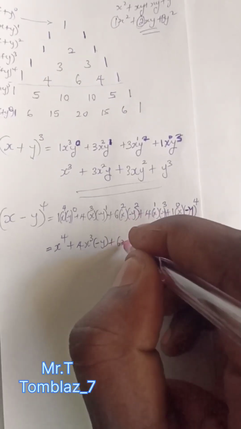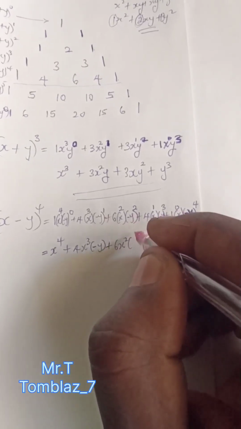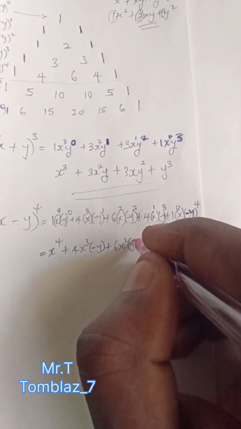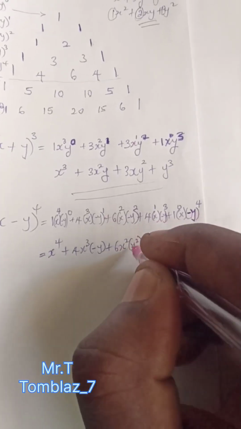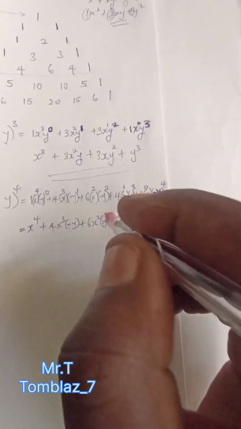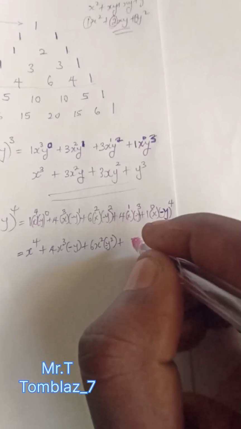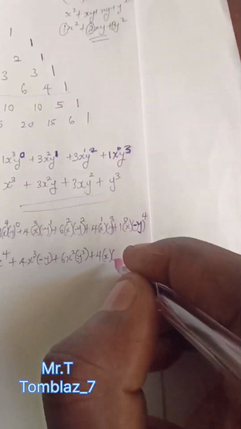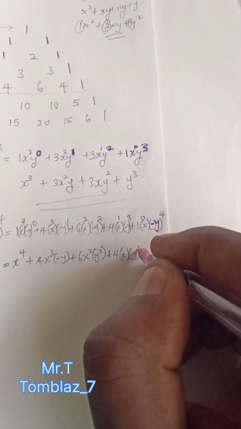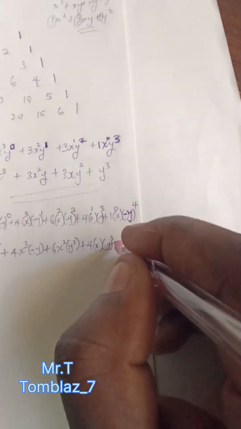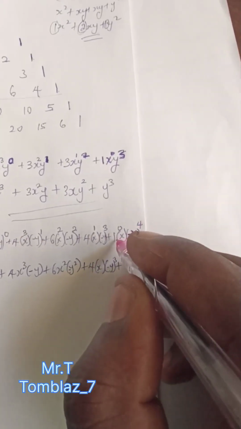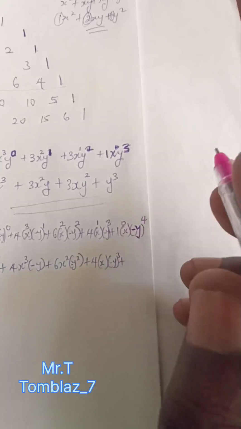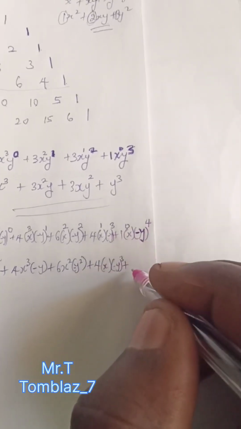Plus 6 x squared into y raised to the power 2, right? And minus here. Then plus 4x into minus y raised to the power 3, right? Then plus x raised to the power 0 will be gone, and then you are left with what?